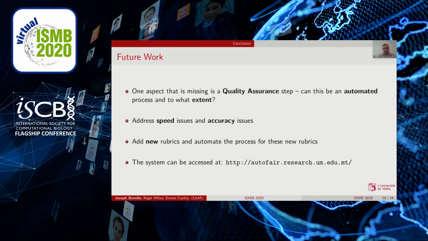For the future, we intend to address a few issues. For example, one thing that we want to do is we would like to introduce a quality assurance step. So this can be an automated process.